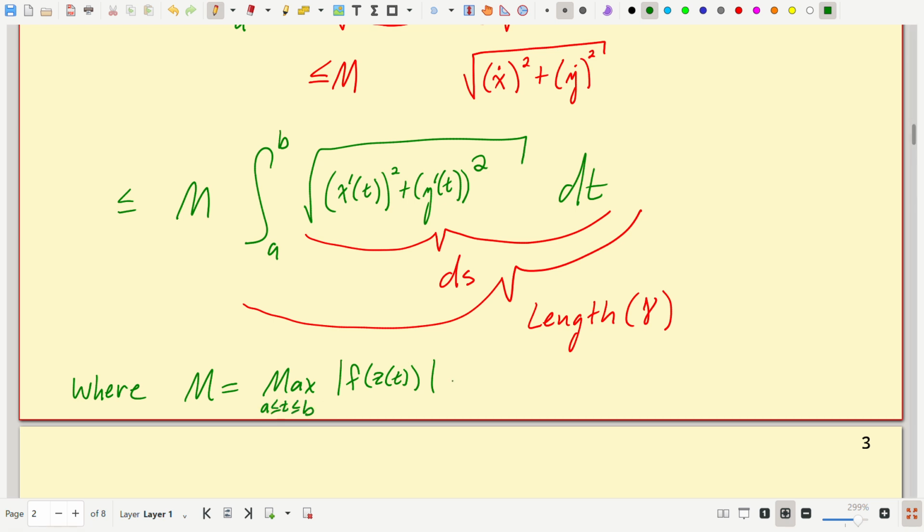I would define that thing as the max along gamma of the modulus of f. That's a shorter way to write the same thing. Because as z of t traces out the curve, you get the maximum modulus of f on the curve. Okay? Questions about that? Yeah.